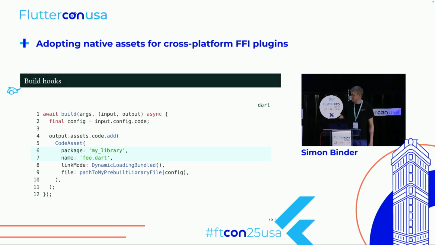And so there's this package and the name, which points to the Dart file that should be able to use it. And I will just specify the path to the file that it should be using. And finally, I tell the Dart system that it should bundle the specific library with the final application, right? And that's all I had to do, right?